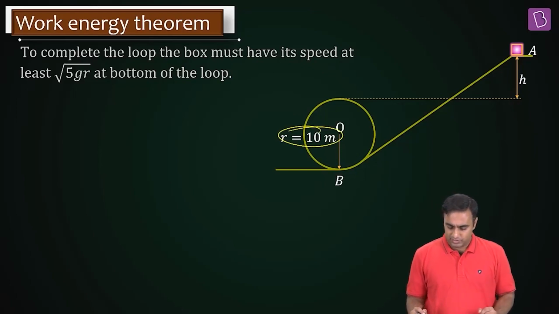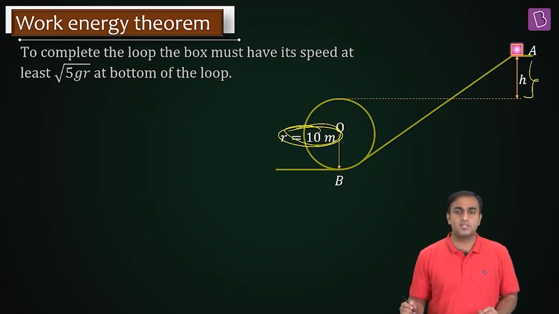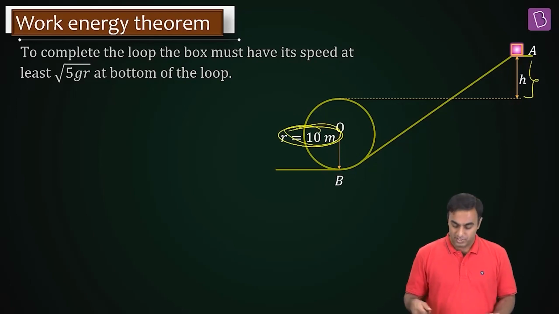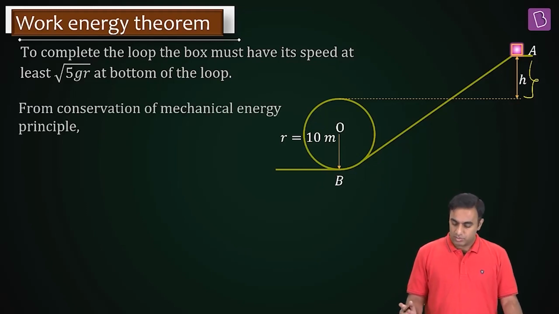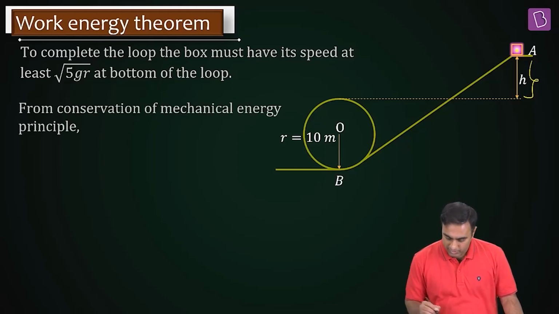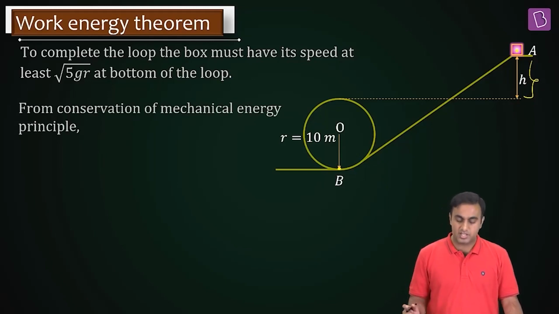How do I find a relation connecting this h and the radius then? Simple. You can apply the mechanical energy conservation principle. We know for a fact that all the surfaces here are smooth and there are no non-conservative forces doing any work. In that case, mechanical energy is conserved. So look at the motion of the block from point A till point B and apply mechanical energy conservation.